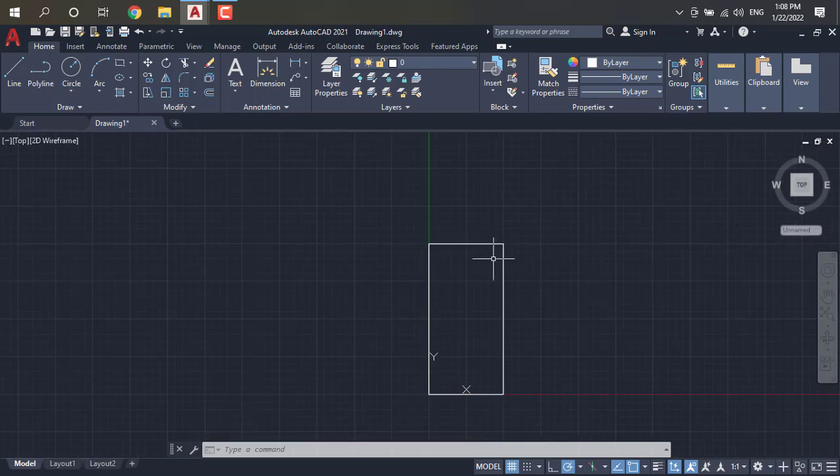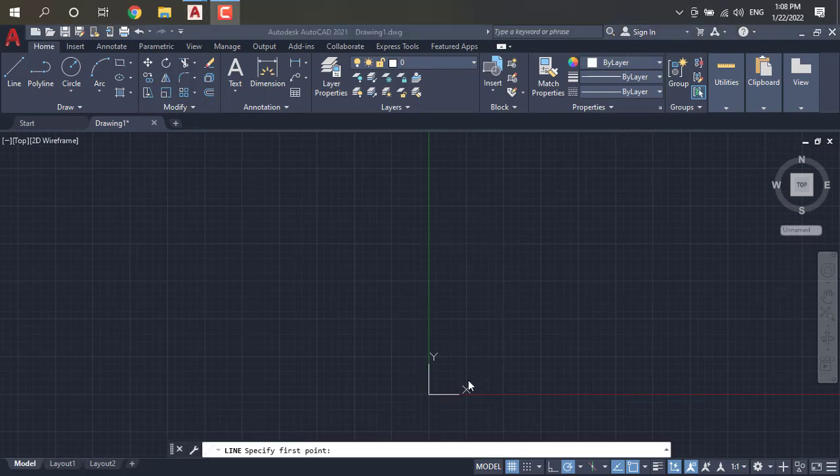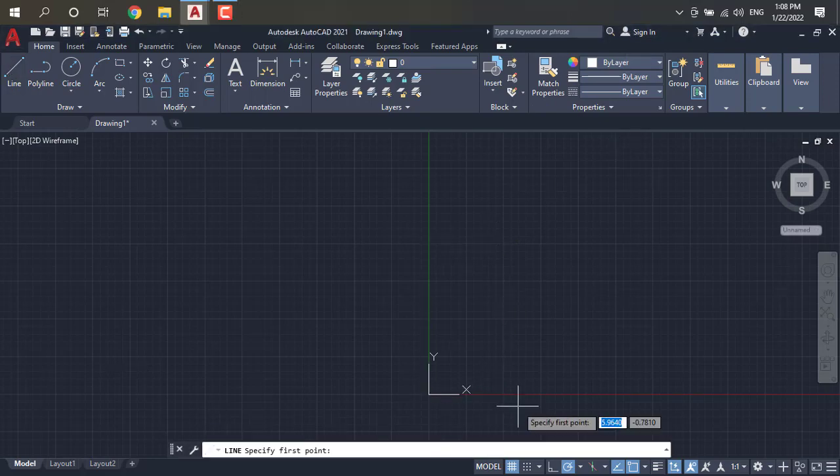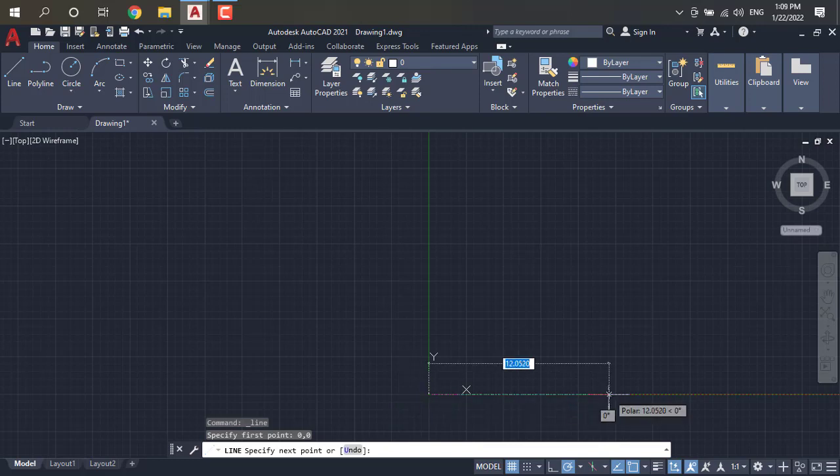Okay. Next I want to draw one letter, like E. So I want to select 0, 0. Enter. From here onwards I have to move my line in x-axis 4, 0. Enter.